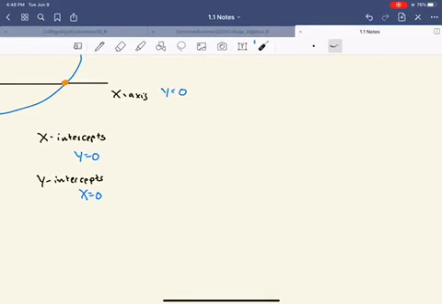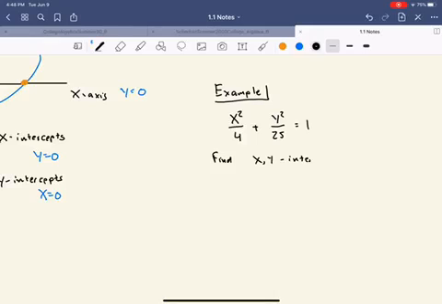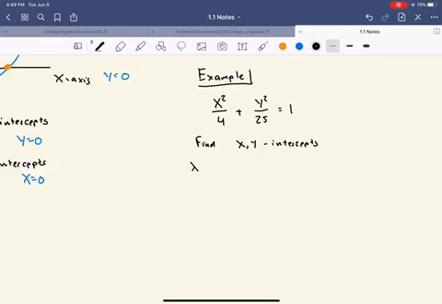So let's take an example. Okay, let's take x squared over 4 plus y squared over 25 equals 1. And we're going to find the x and y intercepts. Okay, so now remember, the x-intercepts are given by the equation y equals 0.